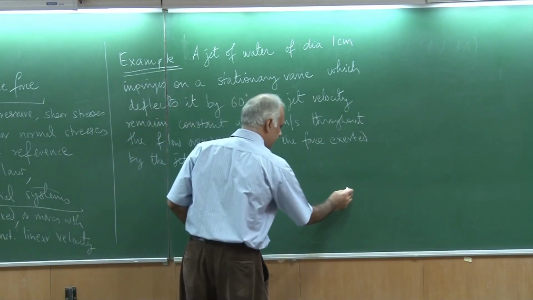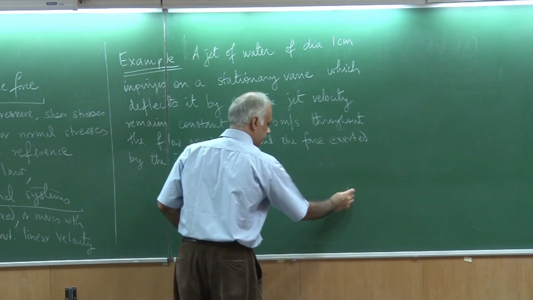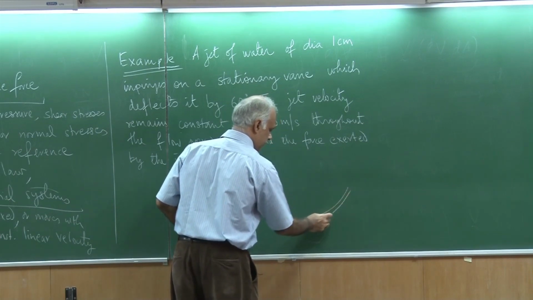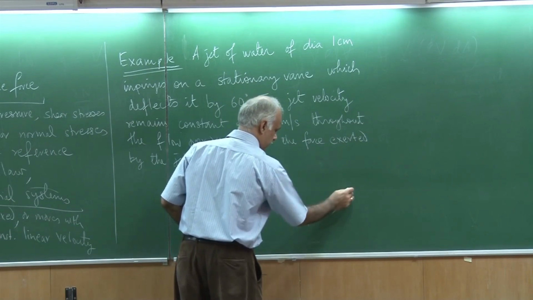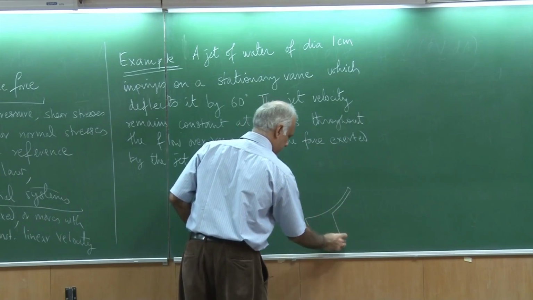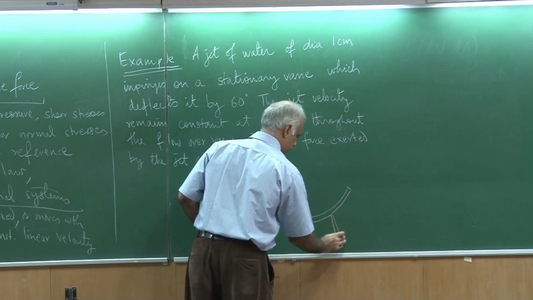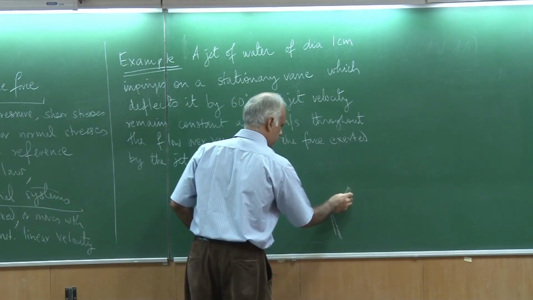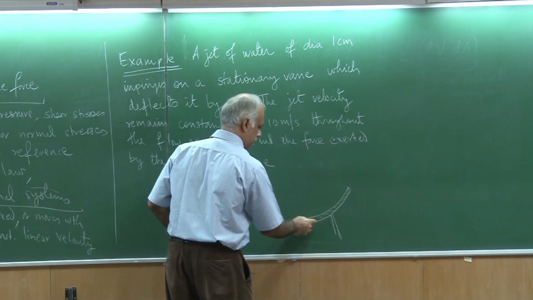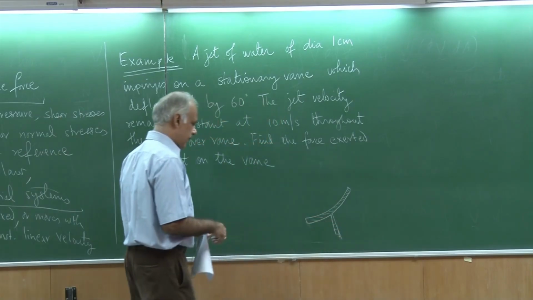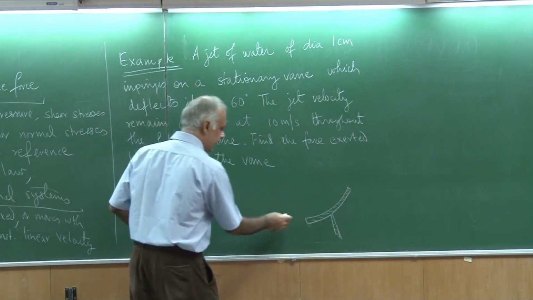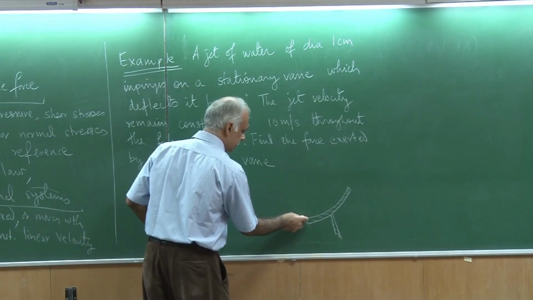So, here is the vane. And there is a jet that comes on it horizontally.